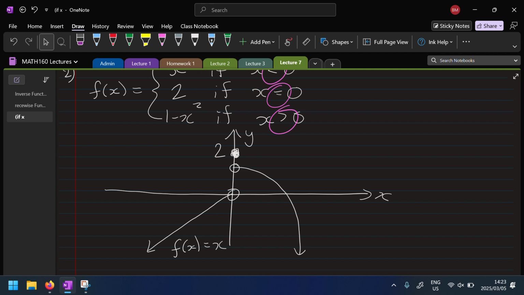1 minus x squared. So that's just this bit here. It's minus x squared, so that's a sad face parabola, shifted up by 1. So we shifted up to 1 there, so this is 1. But that point along the y-axis, we don't include because x is greater than 0.